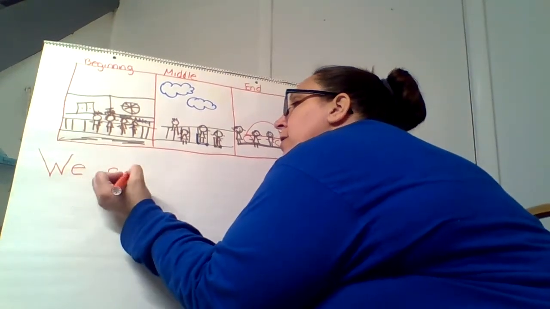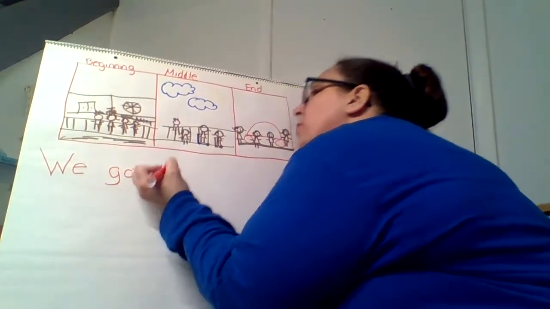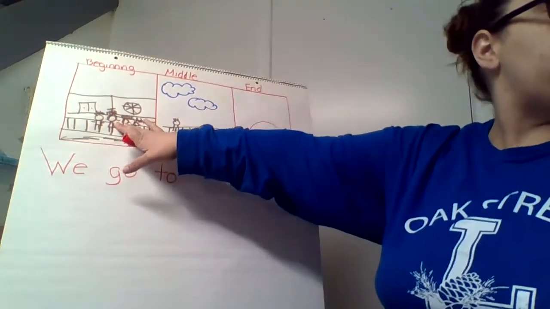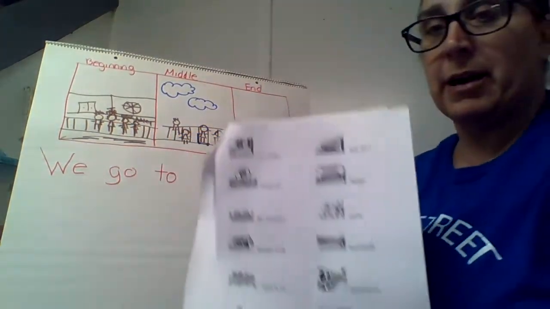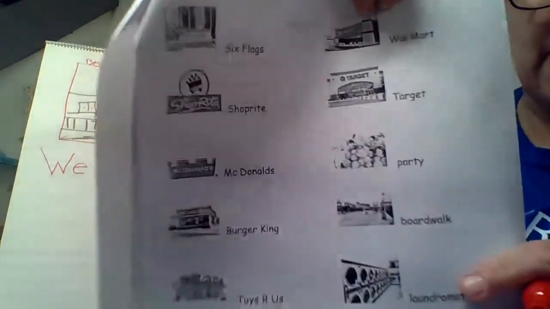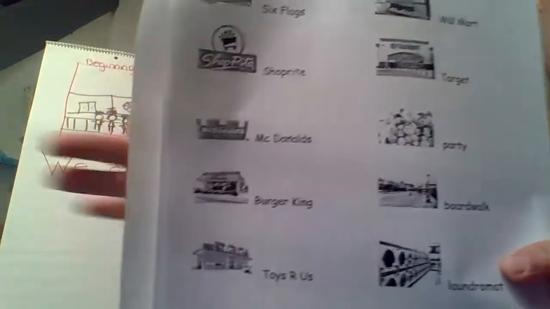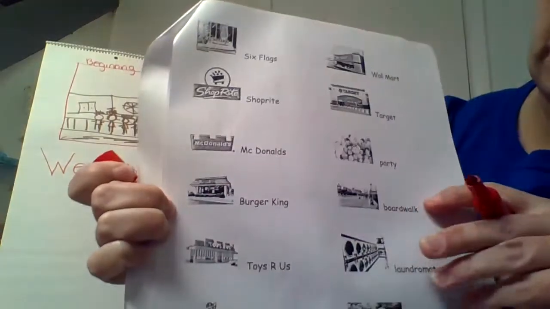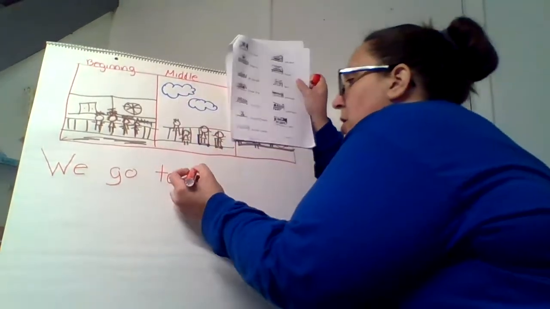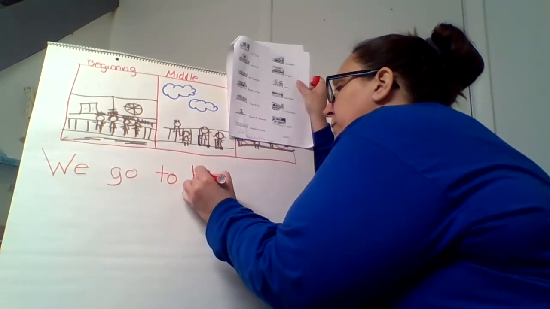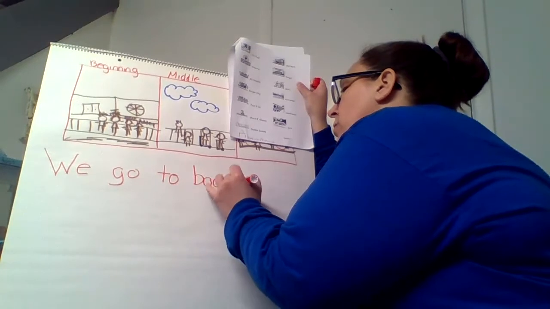So my beginning is we go to. Now remember, I'm then going to go back to my writing piece and pick the place that I went to. And if you remember, I said I drew a picture of a boardwalk. So I'm going to copy that word nice and neat on my paper. Boardwalk.